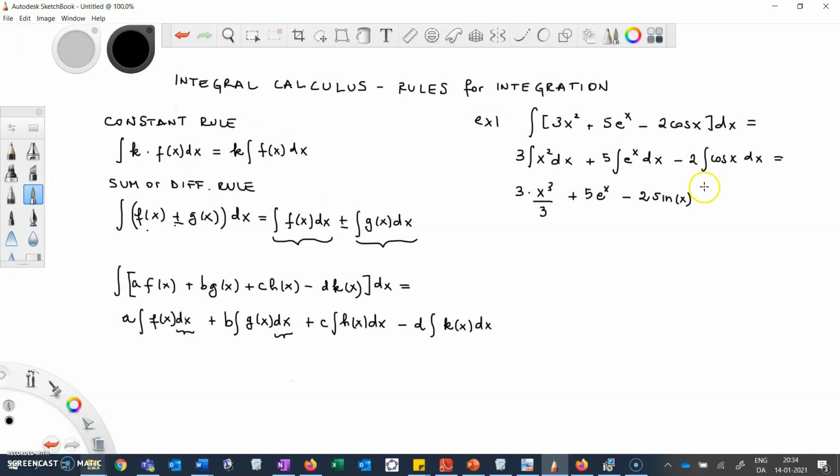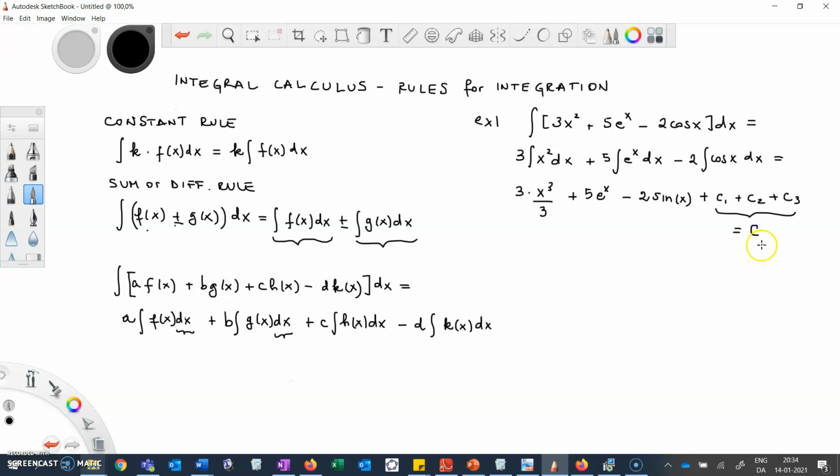Now, I forgot a little bit the constant, right? So in principle, I can write constant number 1 for the first integral, plus constant number 2 for the second integral, plus constant 3 for the third integral. But I can just not write that and just say that this will be equal to a constant.